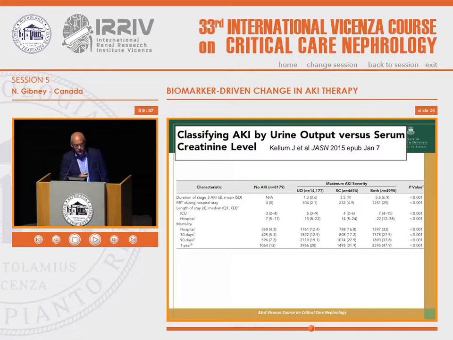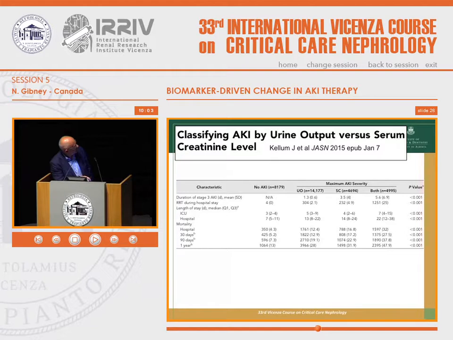Recently, John's group in Pittsburgh has looked at classifying acute kidney injury by urine output versus serum creatinine. And again, if we look down here at the outcomes, no AKI versus those patients with AKI purely by urine output, purely by creatinine parameters, or by both. And we can see that as urine output progressively falls, mortality increases.